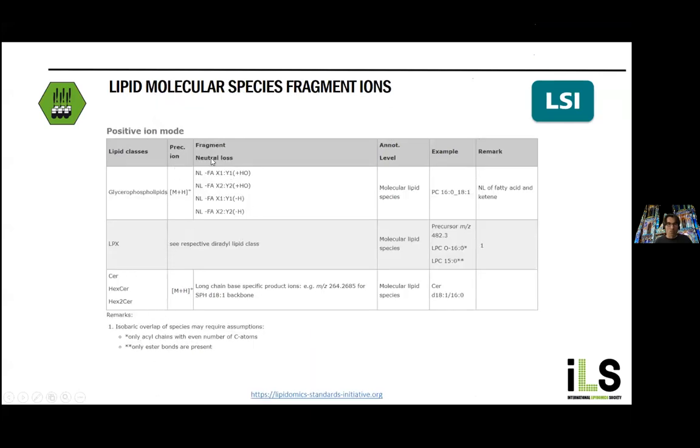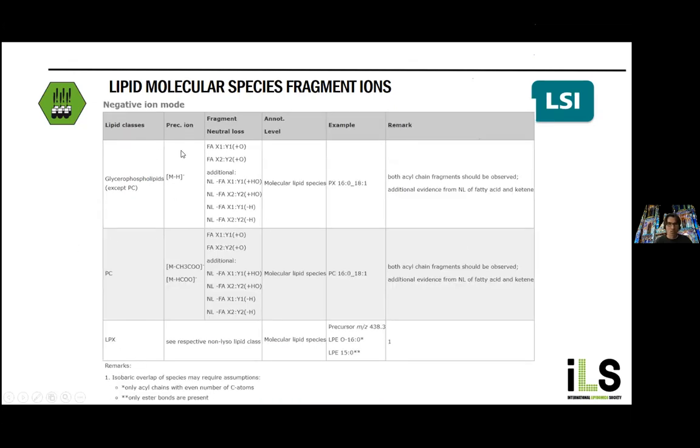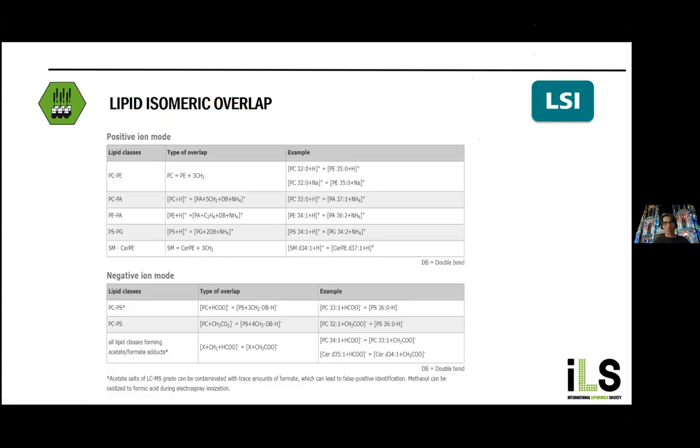And we have also for the molecular lipid species, we mentioned that you have two fragments for the individual acyl chains. So you should see both of them. You see also in positive ion mode these lyso fragments, but they are frequently quite minor fragments. So in negative ion mode, it's much easier, more straightforward with these fatty acyl fragments. You can have a look at that.